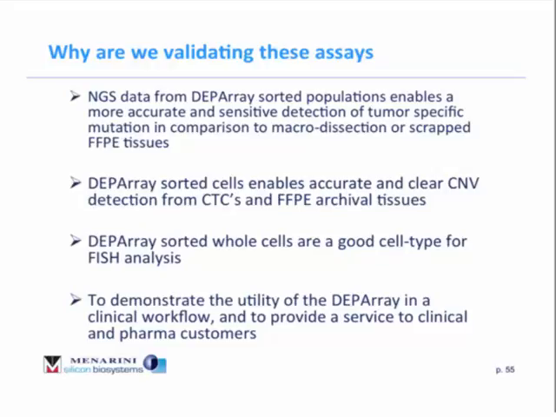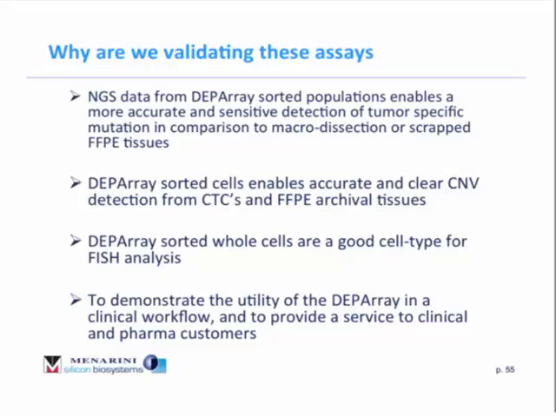And what we've found is that by providing an NGS assay with a small amount of nucleic acid from a pure population, you get far superior results than a large amount of nucleic acid containing that same amount of nucleic acid from that tumor population. So really the take-home message here is, your NGS data is better when you start with a small numerical amount of DNA from a pure population.